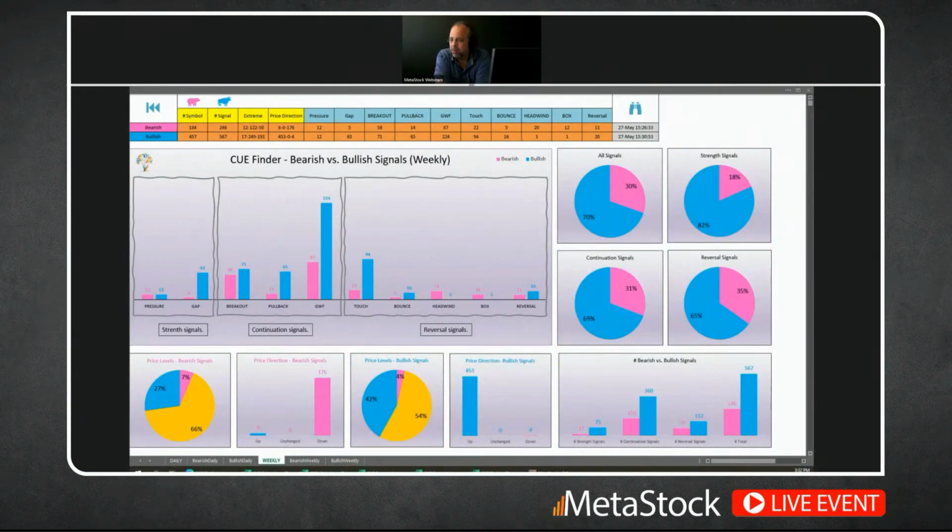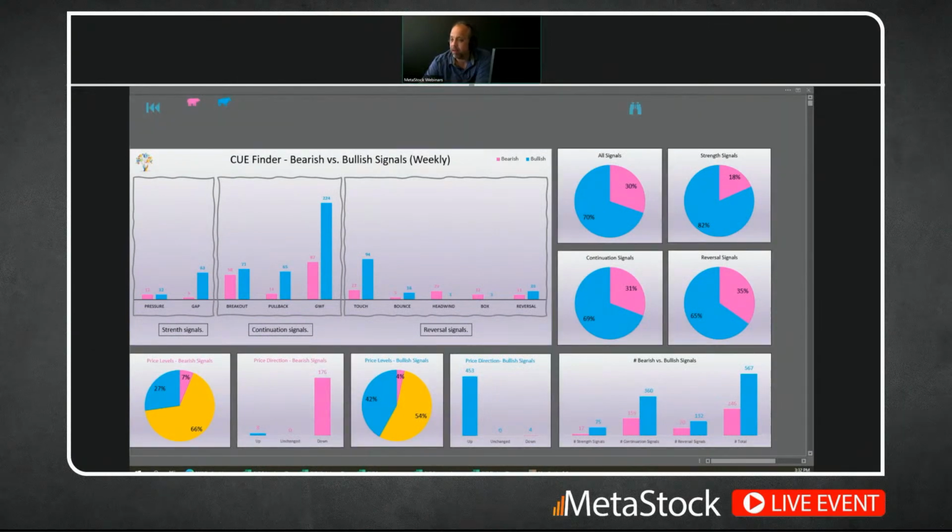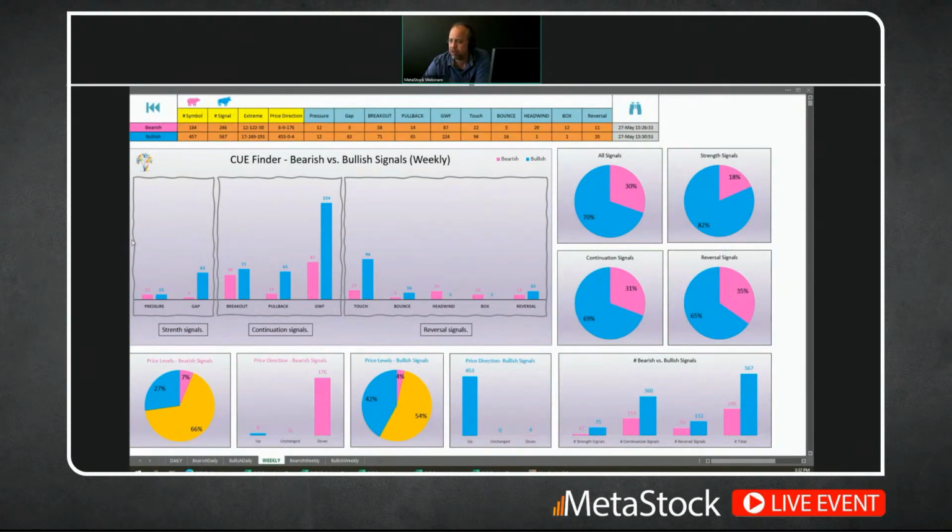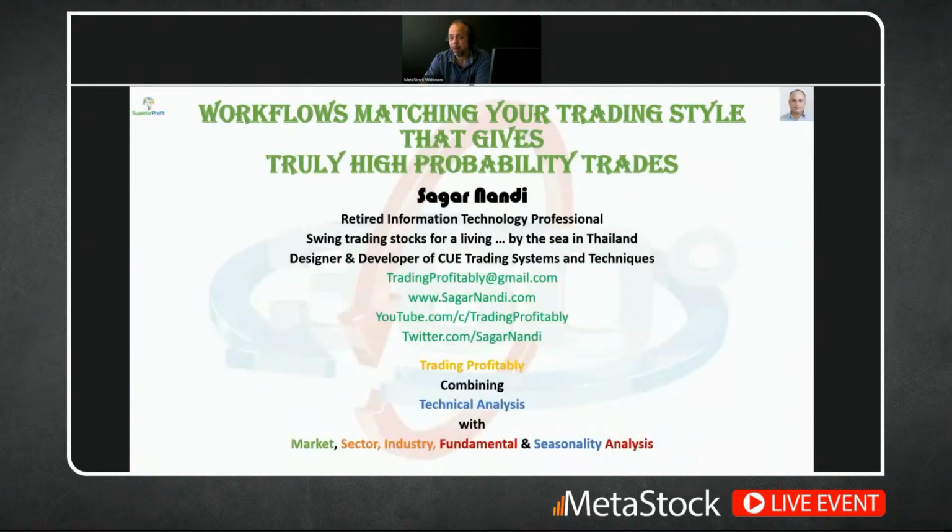Give me 1 minute. I'm trying to choose the right screen. Take your time. Okay. Are you able to see my screen? Yes, I can see bullish signals weekly. Okay. Great. Thank you. No problem. I'm going to get out of the way.